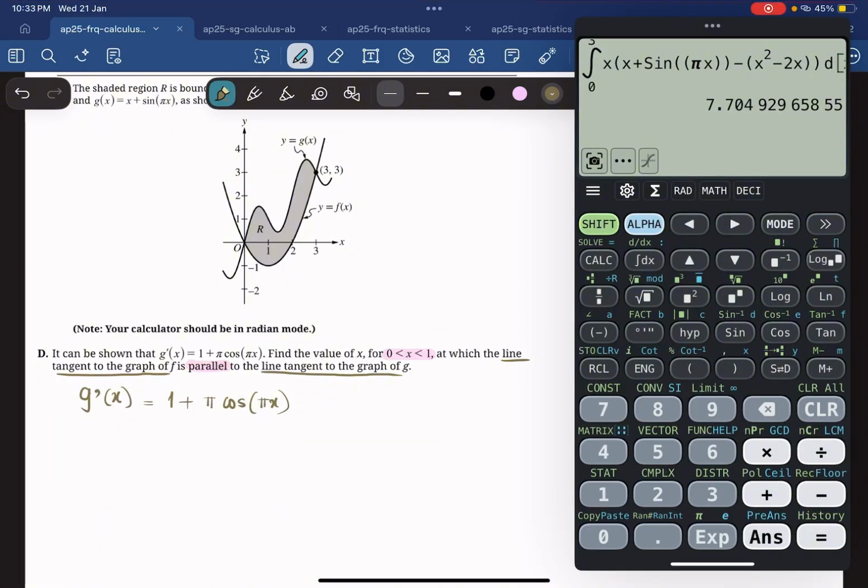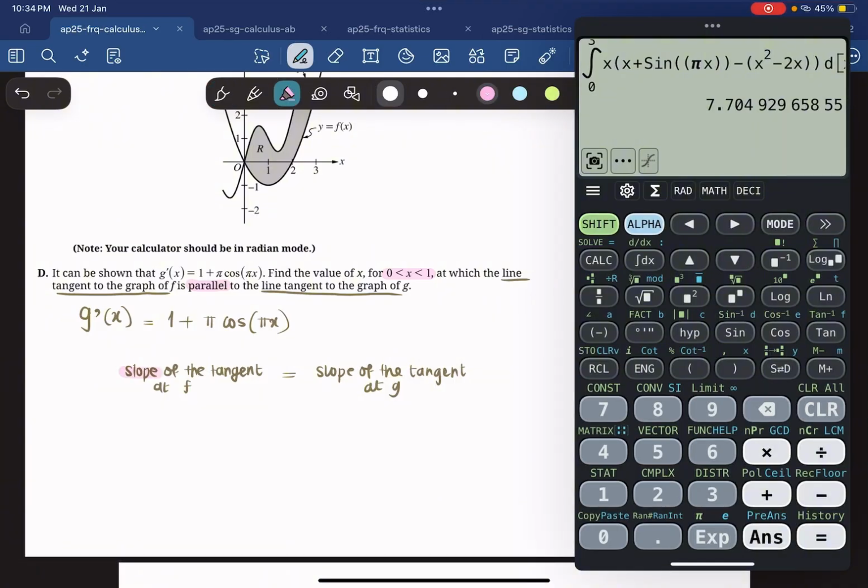Guys, when we say the line tangent to the graph of f is parallel to the line tangent to the graph of g, it means the slope of the tangent at f is equal to the slope of the tangent at g, right?